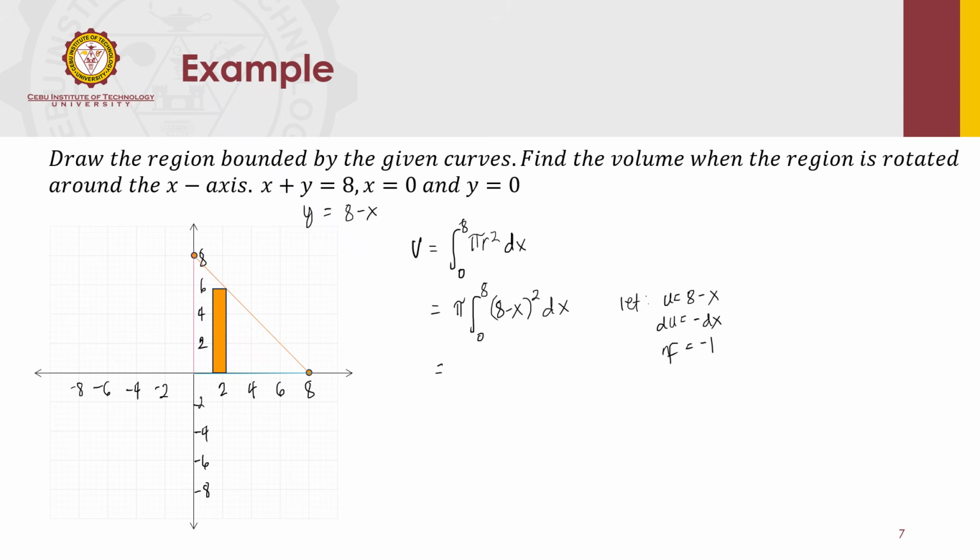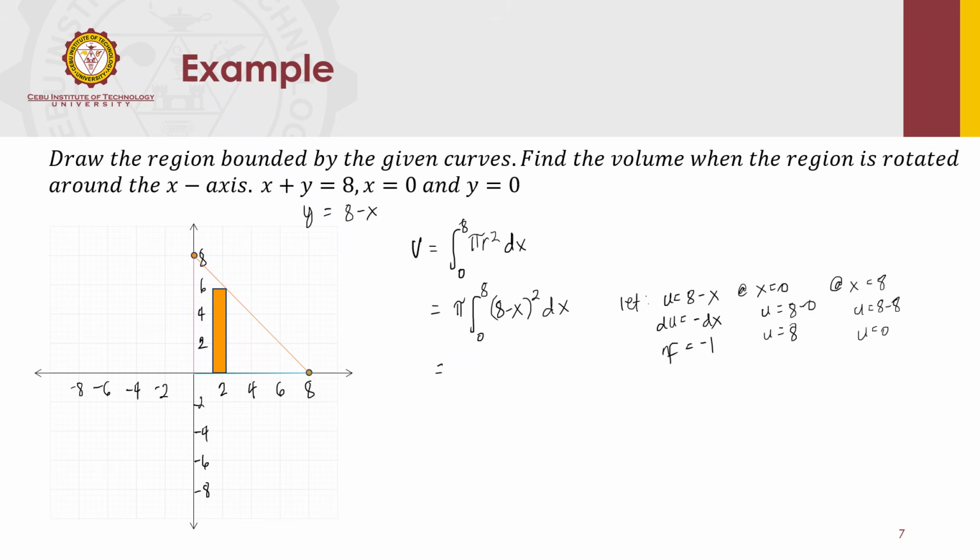If we opt to also change the limits, then at x equals 0, the lower limit, solve for u. So u is 8 minus 0, or that's 8. And at the upper limit, x equals 8, u is 8 minus 8, or 0. So the new upper limit is 0.